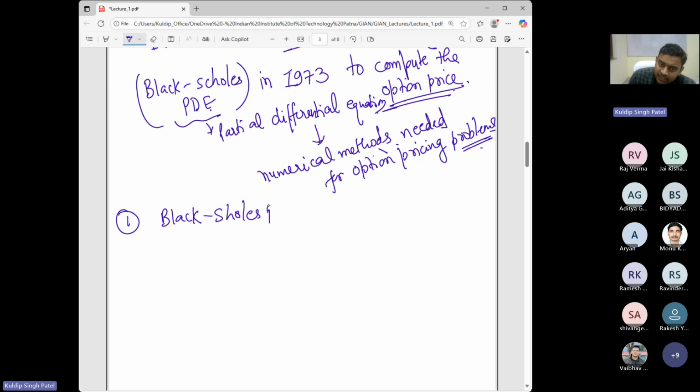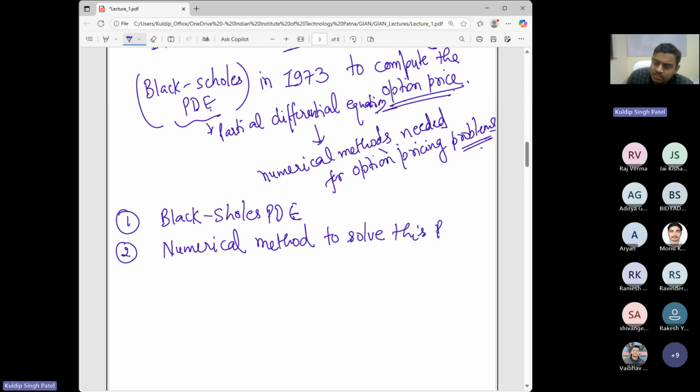We should understand in detail how it is obtained, what the challenges are, what the advantages are, and second, what numerical method we are going to use to solve this Black-Scholes PDE. This we are going to do in the next lectures, theoretically and implementation-wise, and we'll be doing some MATLAB implementation also. So this is what we have for today's lecture.